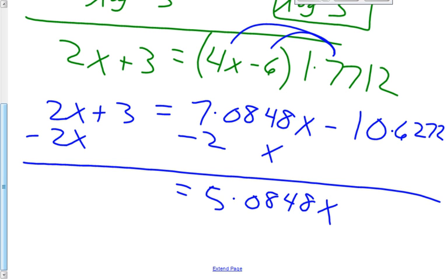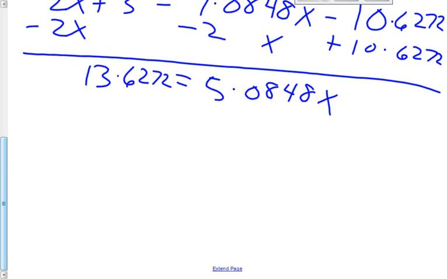That equals, and I'm going to add 10.6272 to both sides. So 3 plus 10.6272 is 13.6272. And lastly, to get x all by itself, I'm going to divide both sides by 5.0848.